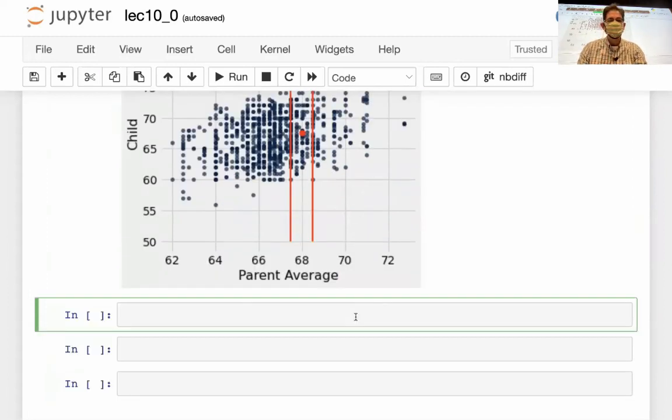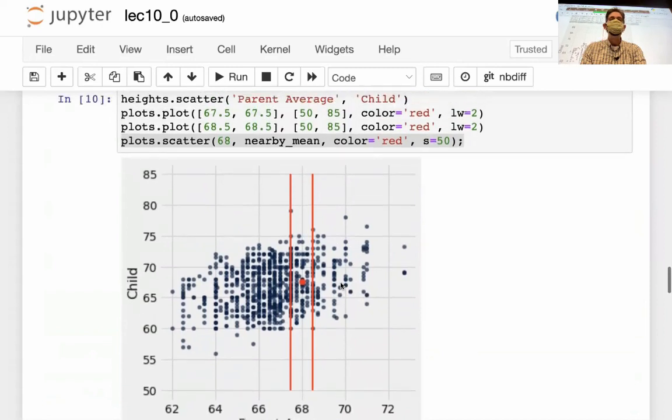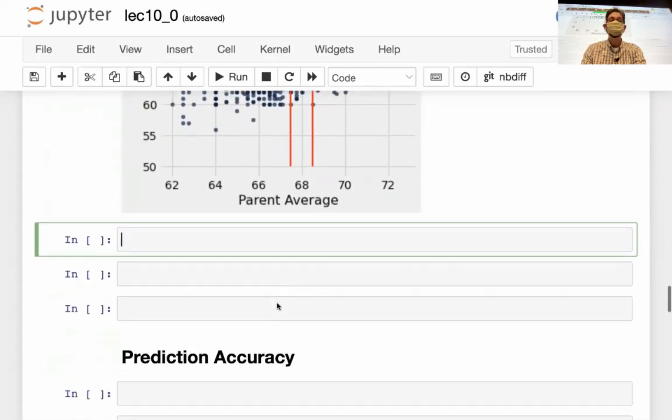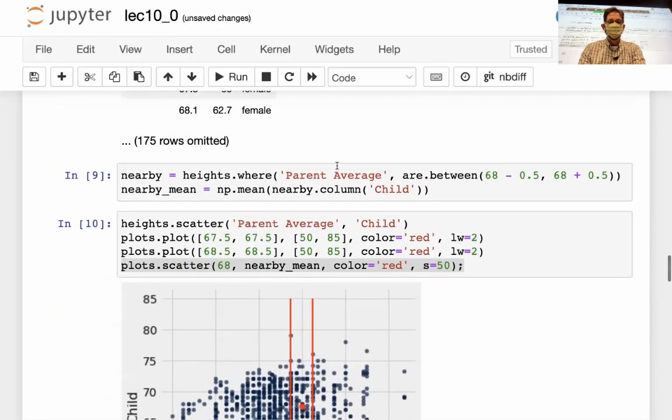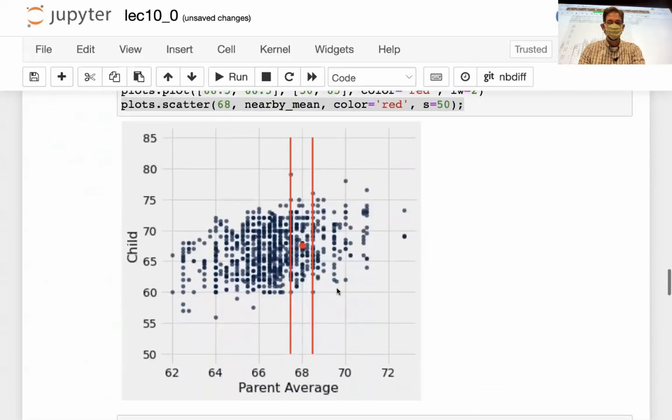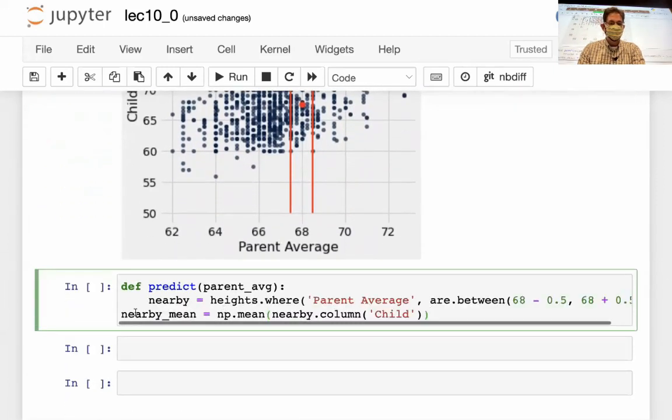I did all this work just for parents whose average was 68 inches, but now I'd like to generalize to an arbitrary average parent height. For that, I need to define a function. If I'd like to predict the adult height of a child based on the parent average, then I need to do the same thing, but not always have the parent average be 68.